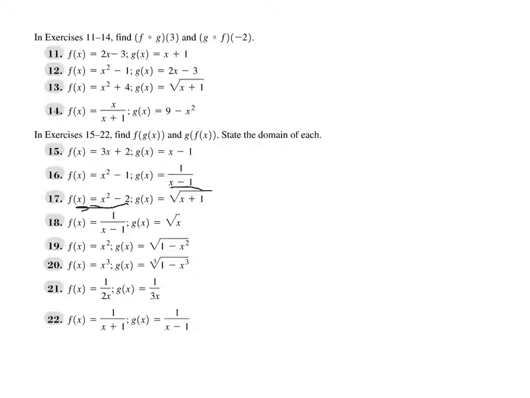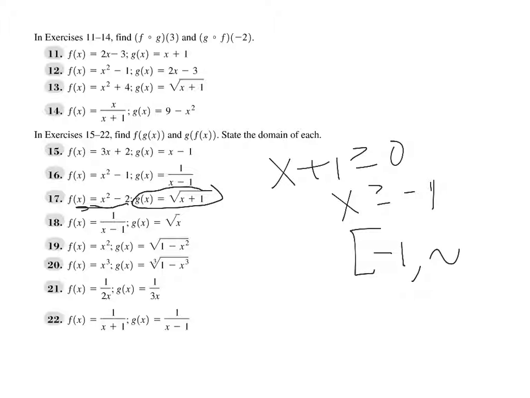The g of x function, though, is that square root function, and from the work we did earlier, we know that we can't take the square root of a negative number. So really x plus 1 has to be greater than or equal to 0, which means x has to be greater than or equal to -1, or as an interval, -1 inclusive to infinity. That's going to be the problem with any domain we find of a composite function.